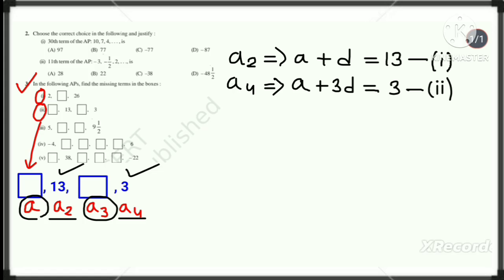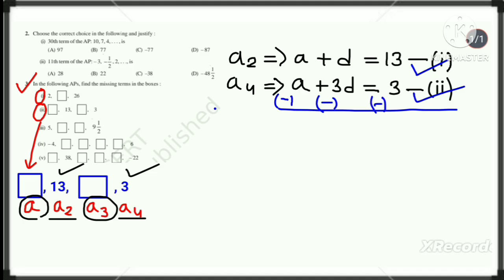Now let's subtract equation 2 from equation 1, and in doing so, the sign of the terms which are getting subtracted will be changed. So sign of this A will be changed into minus, and this sign of 3D will be changed into minus, and here will be also minus.